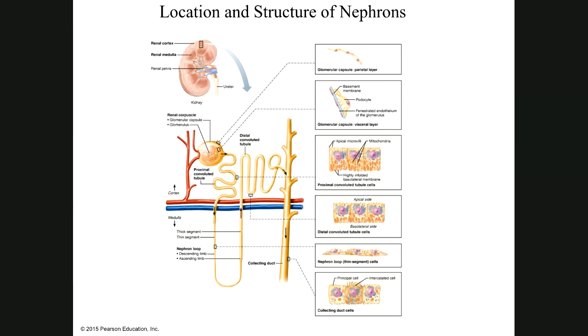So let's look at the proximal convoluted tubule over here, in a bigger view. What we are seeing is an epithelium of cuboidal cells with a lot of microvilli, with apical microvilli. We call it the proximal convoluted tubule, sometimes just PCT, okay? Retain that.